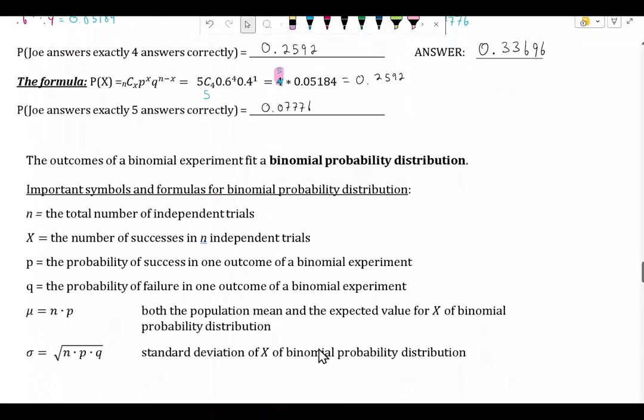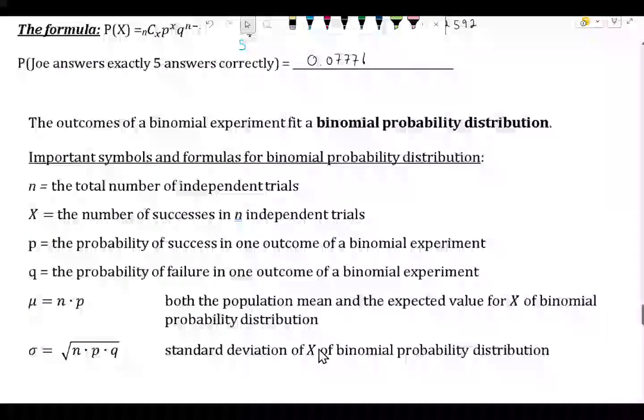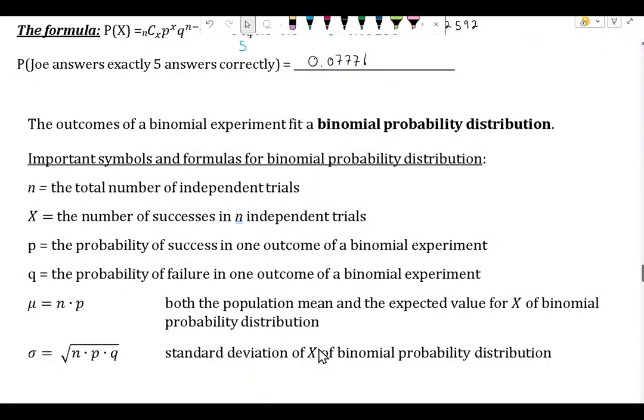When the outcomes of a binomial experiment are being sought, we can use the binomial probability distribution. There are some important symbols and formulas for the binomial probability distribution. n is the total number of independent trials. For the correct guess question, n was 5. We had 5 questions on the test. x is the number of successes in those trials.